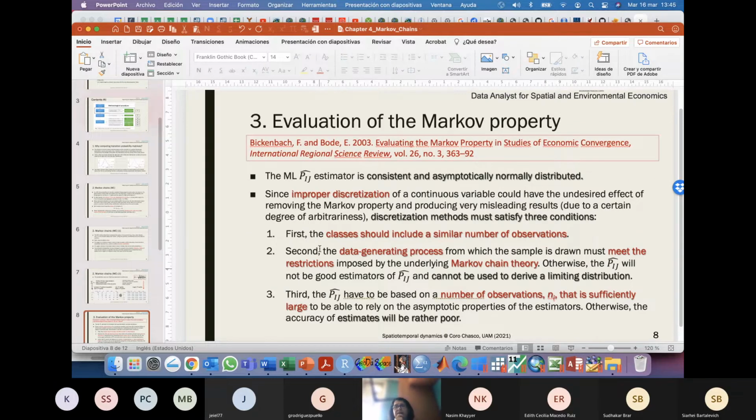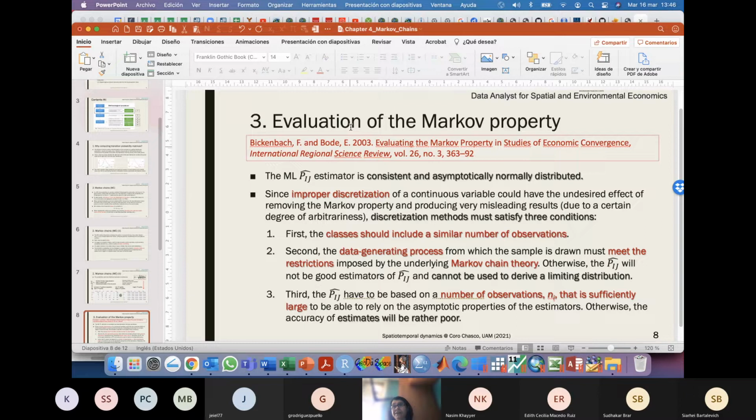Something that is important, as I said before, is the evaluation of the Markov property. In Bickenbach and Bode, an old paper from 2003, which is very interesting, they develop some tests to evaluate the discretization, for instance when applying it to income. At that time, during the first years of this century, there were a lot of papers devoted to analyzing GDP per capita. Julie Le Gallo wrote a paper in 2004.